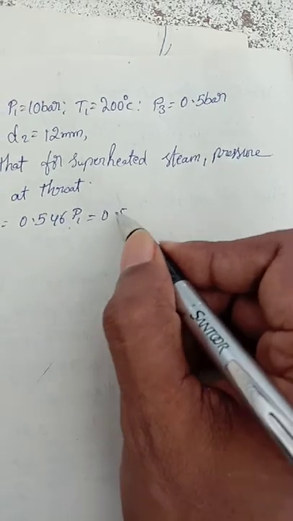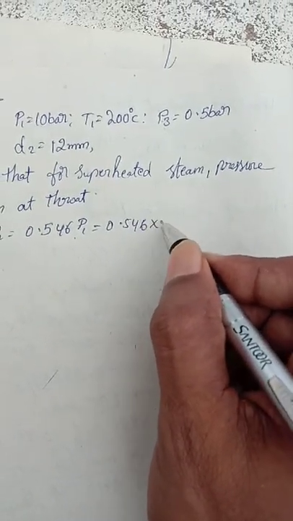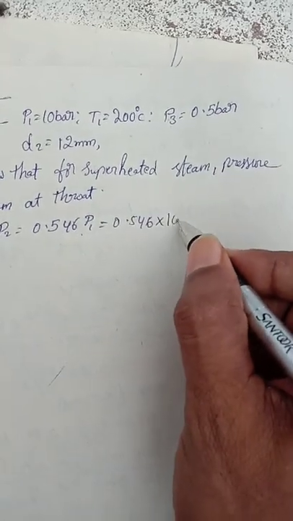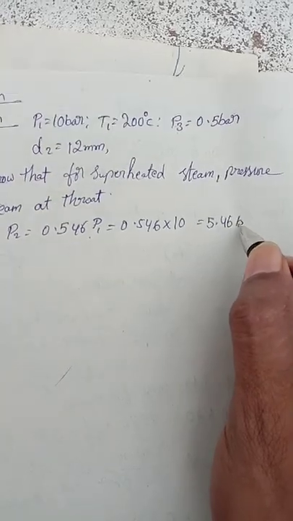That is called P1. So 0.546 into P1, which is 10. Then you can write down here 5.46 bar.